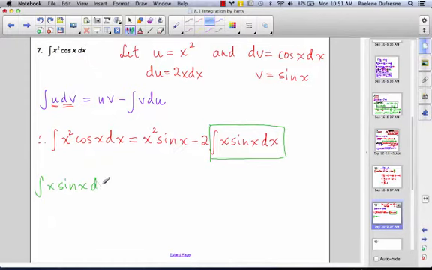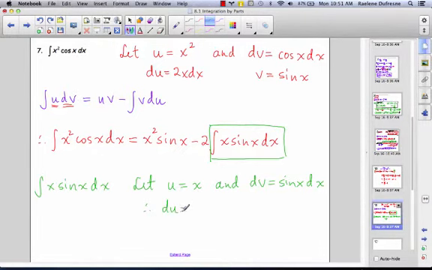So for the integral of x sine x dx, we are going to let u equal the polynomial term and dv equal the trigonometric piece, sine x dx. And recall that the trig functions, at least for sine and cosine, have cyclical derivatives and antiderivatives. So this is a very good option for the dv part of the integration by parts formula.